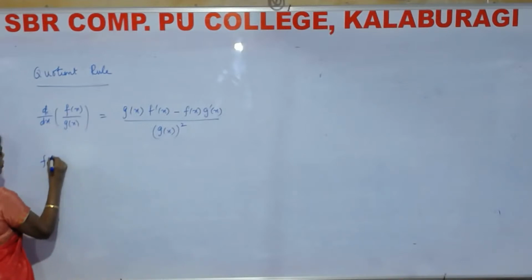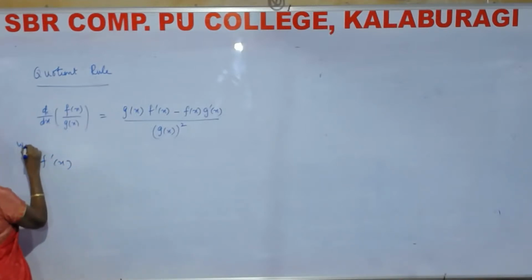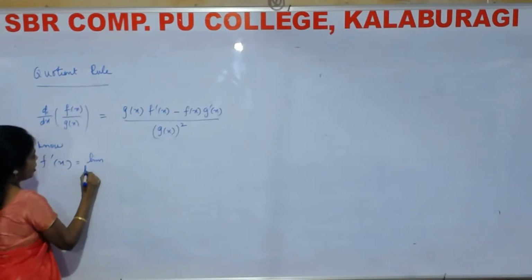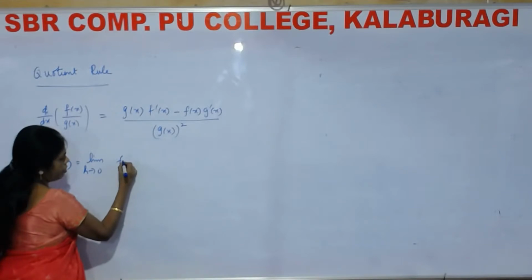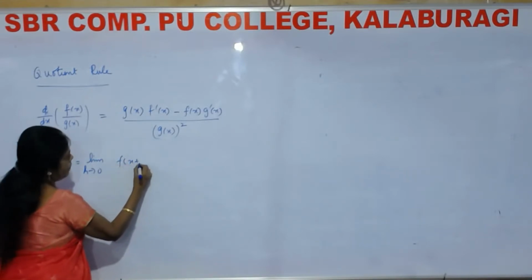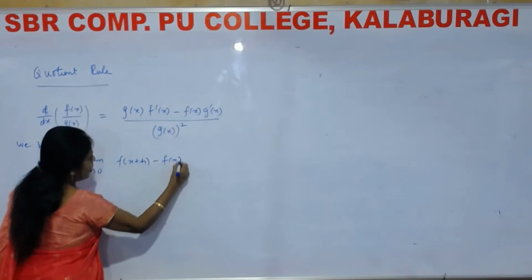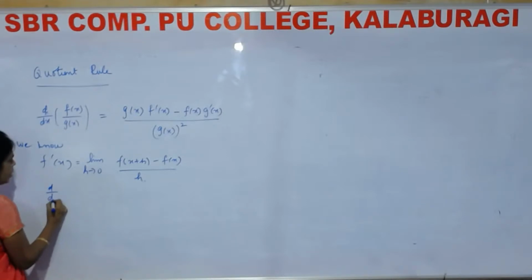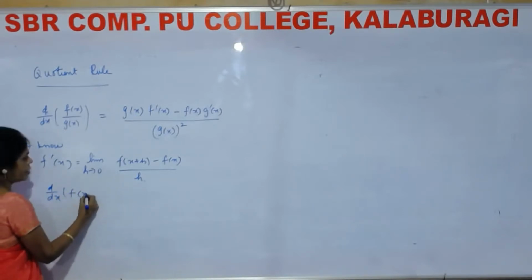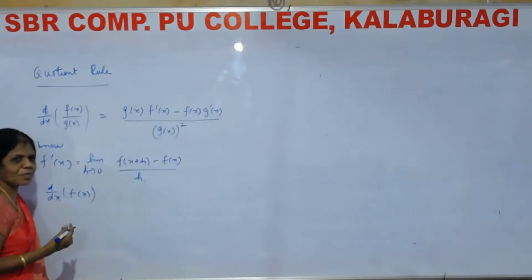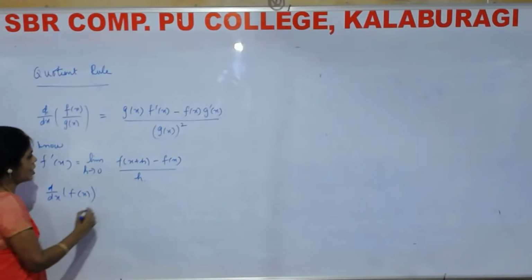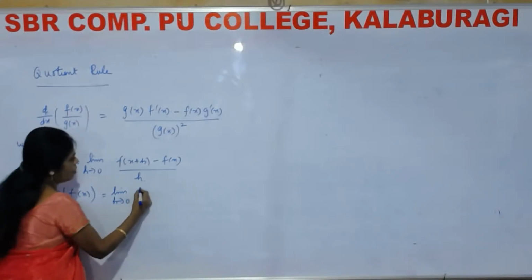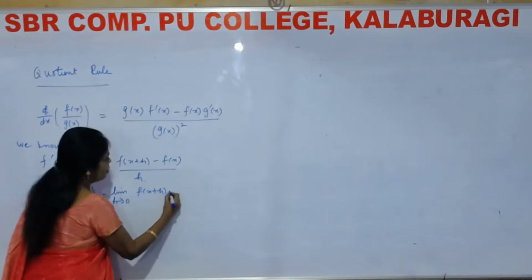What is f dash of x? This is nothing but, I'll say like this. d by dx of f of x, differentiation of f of x is f dash of x, equal to limit h tends to 0, f of x plus h minus f of x, divided by h.